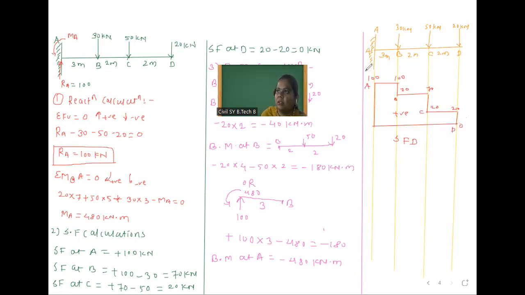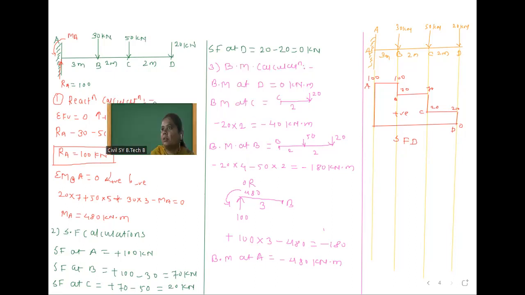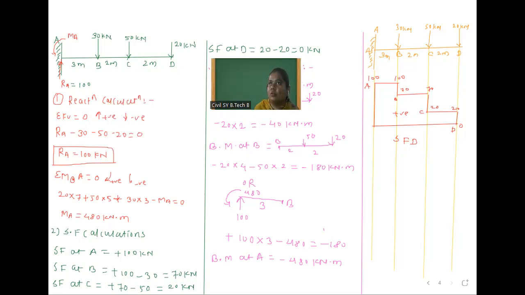Now we will draw the bending moment diagram. I think all values of the bending moment diagram are negative, right? Yes. First we will draw the baseline.